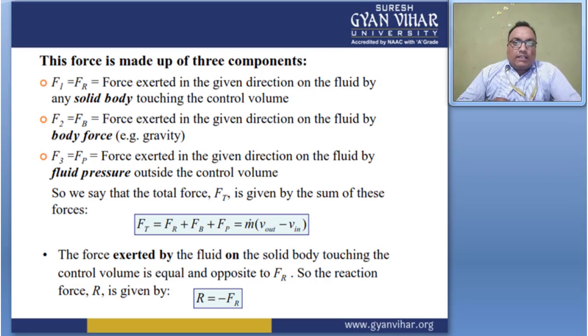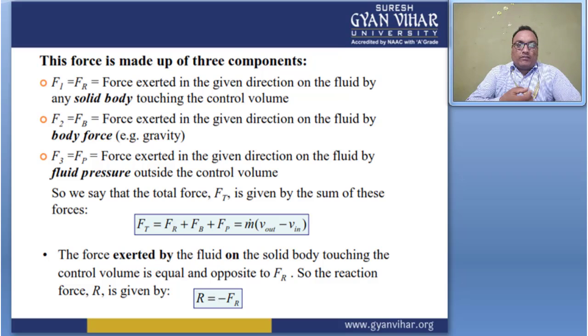So first we consider F1 equal to Fr, which is a force exerted in the given direction on a fluid by any solid body touching the control volume of the fluid, right? And then Fb, this is the force given by the gravity effect.